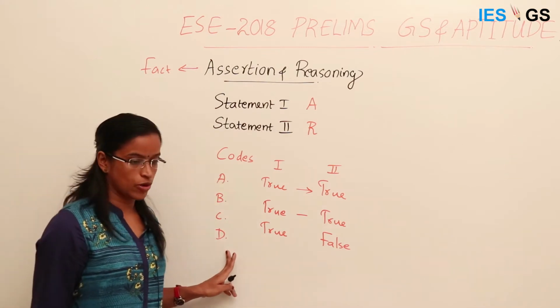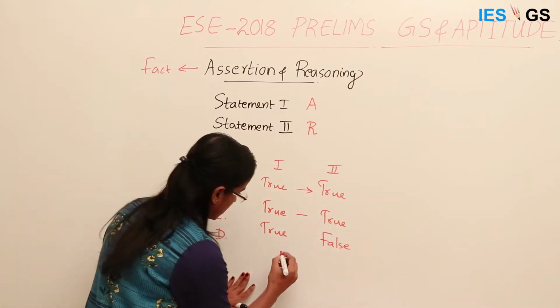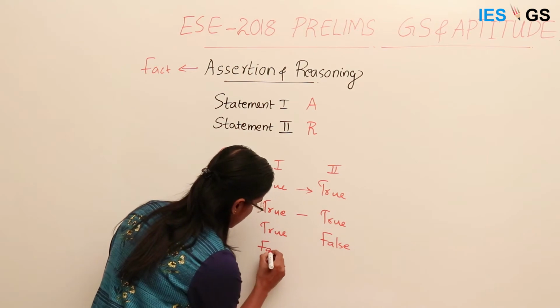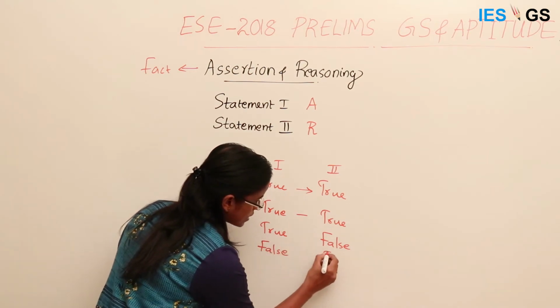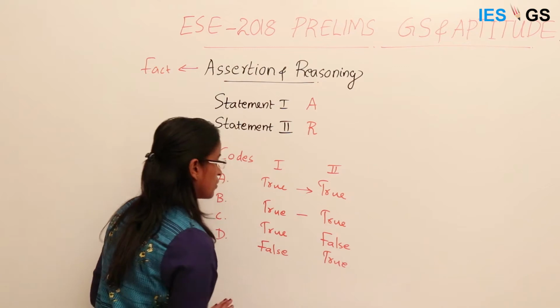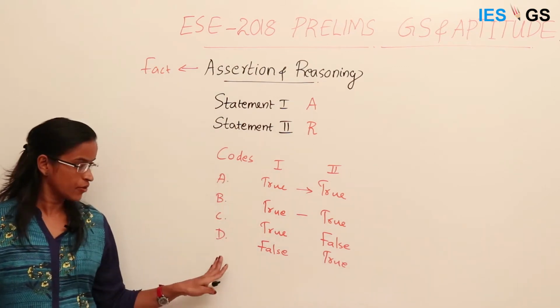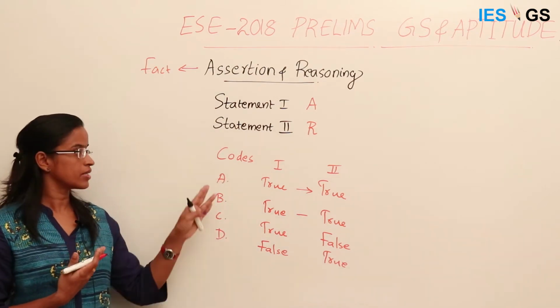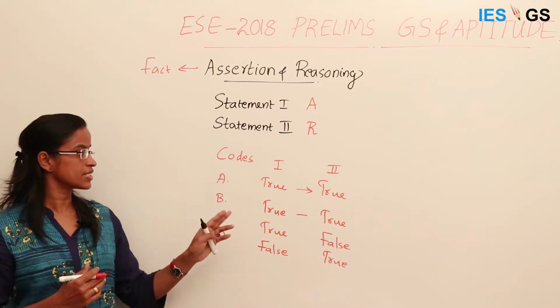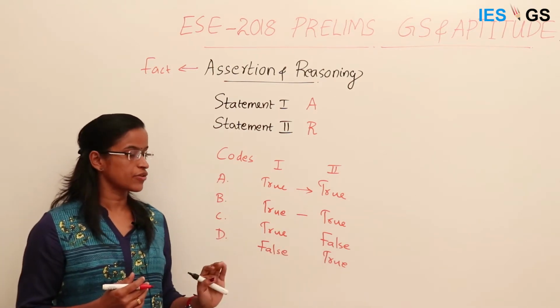And you have to select option D if the first statement is not true and the second statement is true. So you have to follow the code for this type of questions. This will be given before the set of questions.